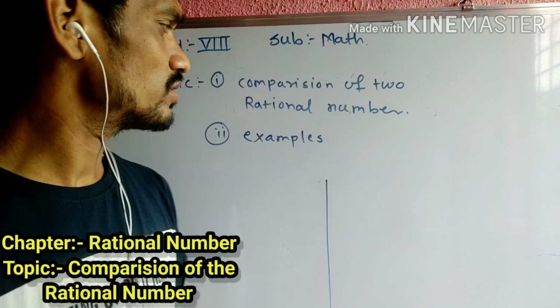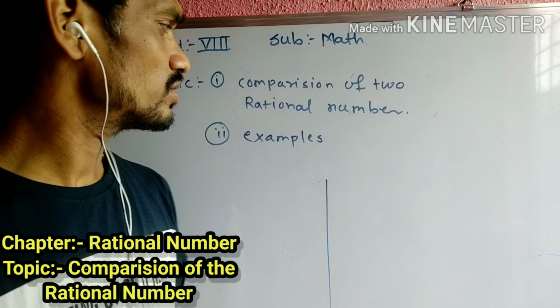Students, remember that if you have numbers a and b, and b is greater than a, and you divide both by the same number, the sign will not change. But in multiplication by a negative, the sign will change: minus a is bigger than minus b.